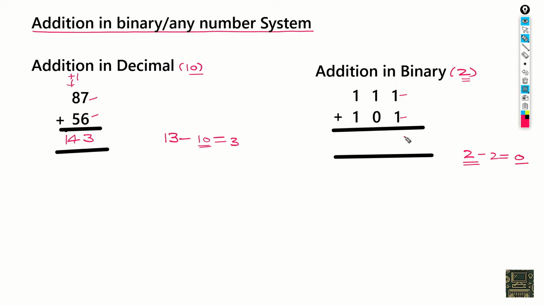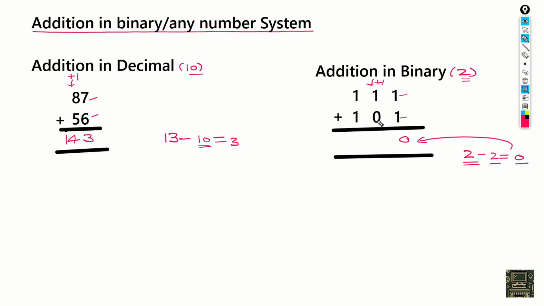So 0 I will write here. Since I have subtracted 2, I will add a carry at the next stage. So this becomes 1. So 1 and 1, 2 plus 0, 2.